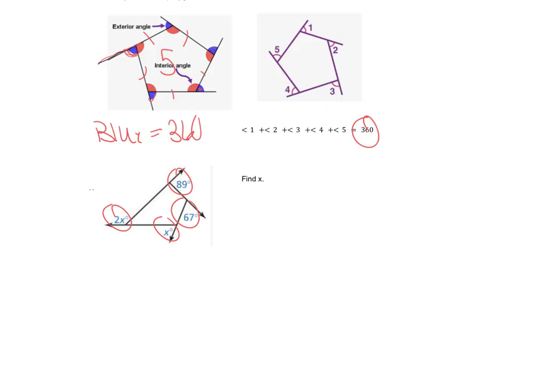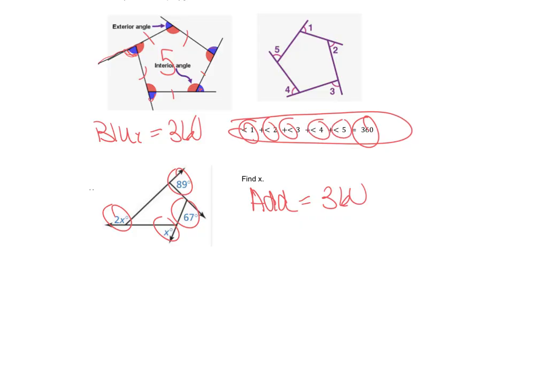Exterior angles, it does not matter how many sides or how many angles there are, they always add up to 360 degrees. So they are always going to add to 360 degrees, just like this up here says. You just add the angle plus angle plus angle plus angle, all of them added together are always 360 degrees. So we would have, in this case, 2x plus x plus 67 plus 89.